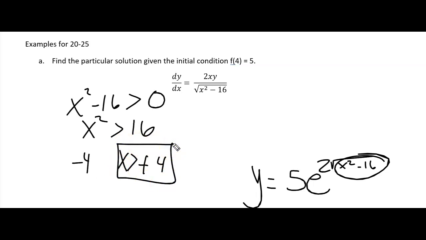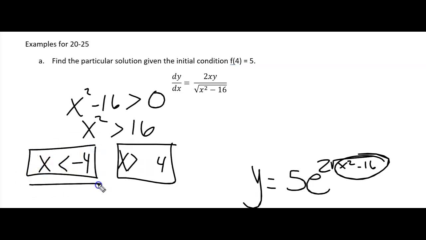But with inequalities, whenever you get a negative answer in this fashion, you end up reversing the inequality. So here's your domain. X would have to be less than negative 4, and it would also have to be greater than 4. Okay? So whenever you solve an inequality by taking a square root, you get a positive and a negative answer. Of course, like always, the negative one, you flip the sign. The positive one, you keep the same.